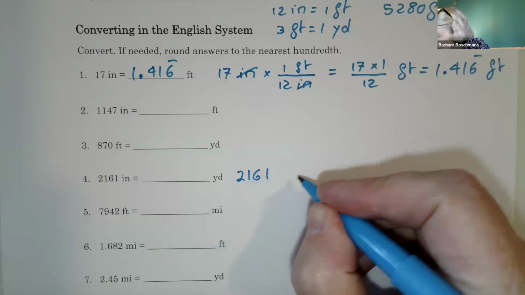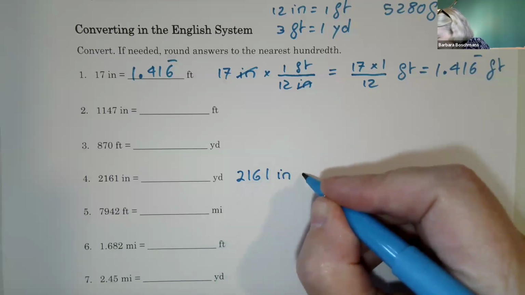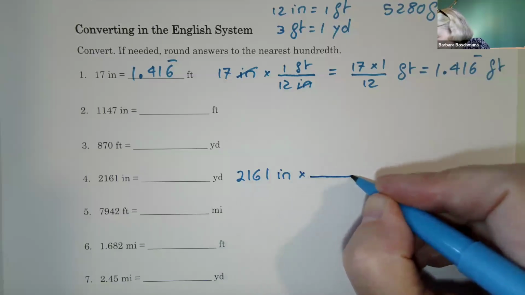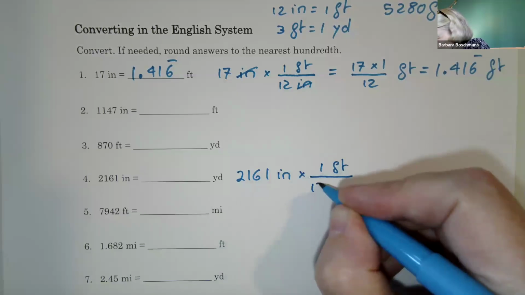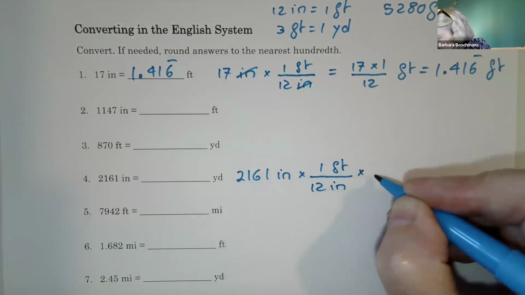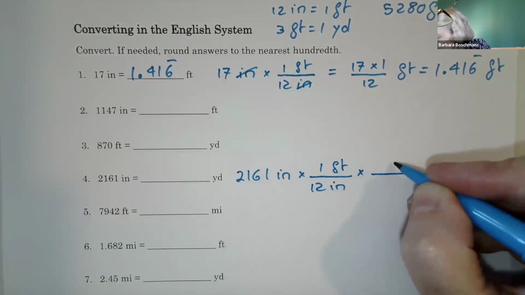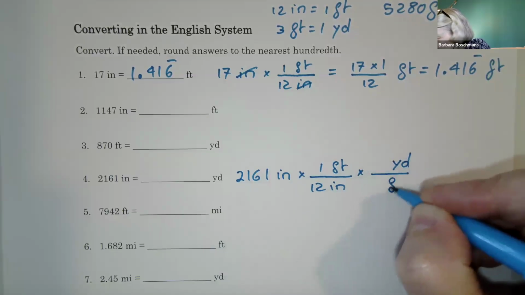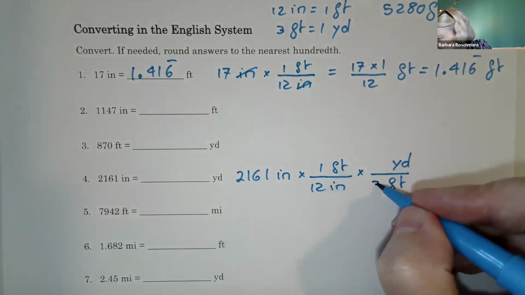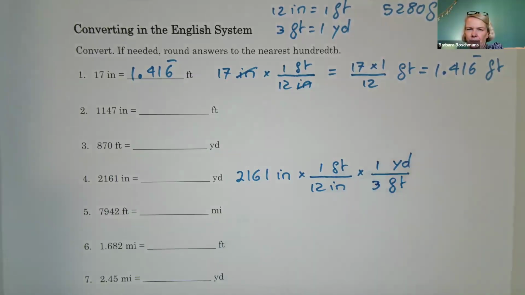So you have 2,161 inches. I'm going to feet first. So 1 foot is 12 inches. And I don't want feet, I want yards. So I put yards on the top, feet at the bottom. When I look up there, 3 feet and 1 yard are the same.